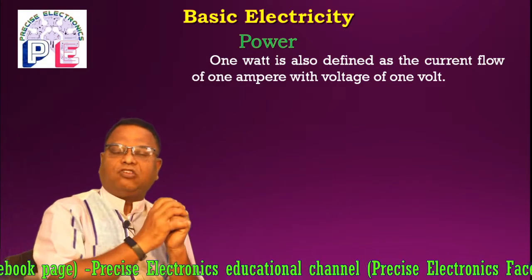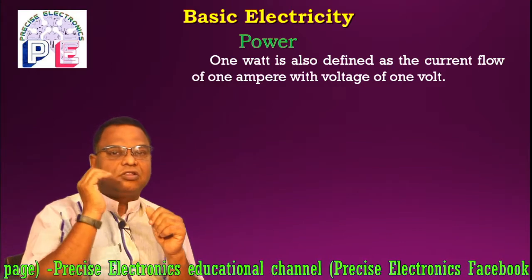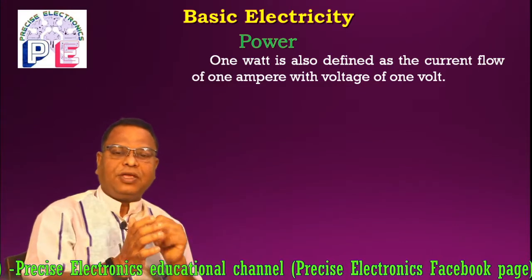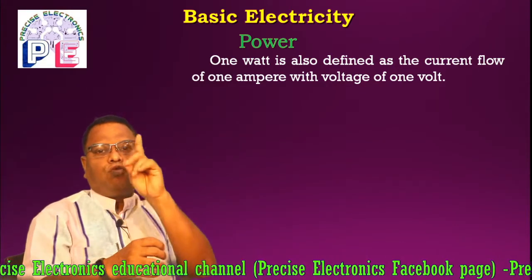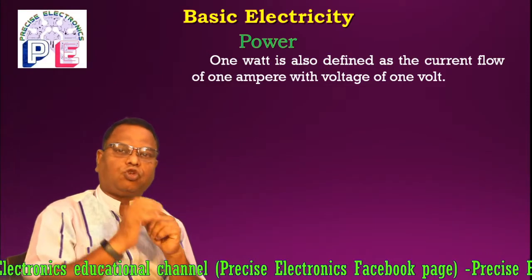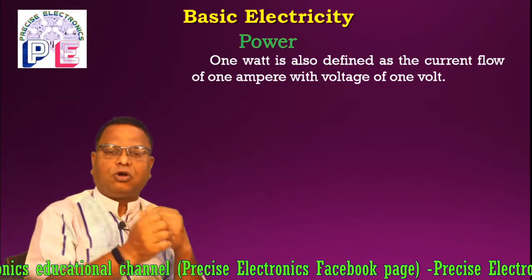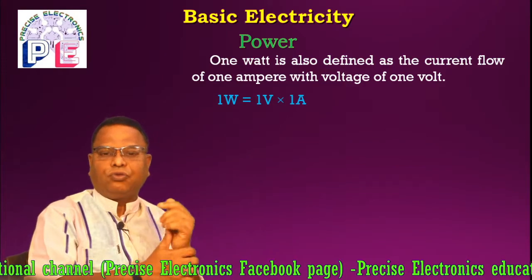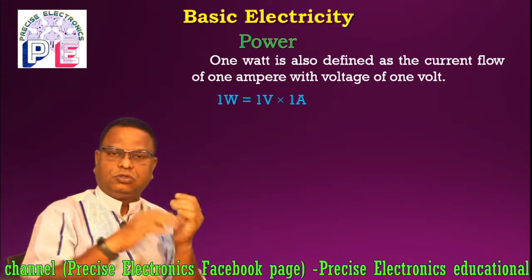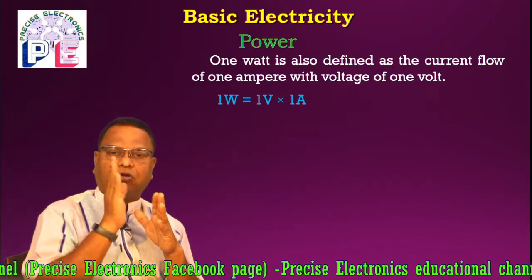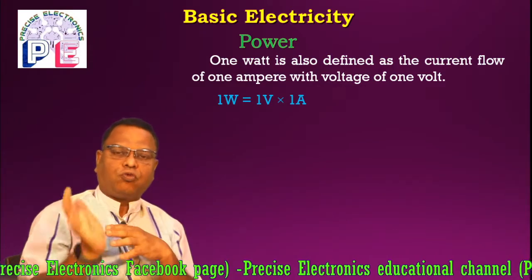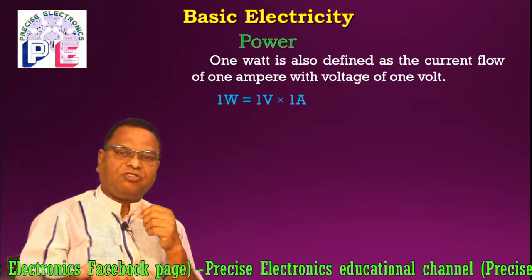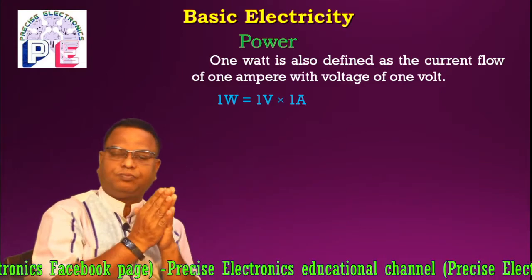So obviously 1 watt is equal to 1 volt, that is 1 V, into 1 ampere, that is 1 A. The formula to find power is V into A, the product of voltage and current.